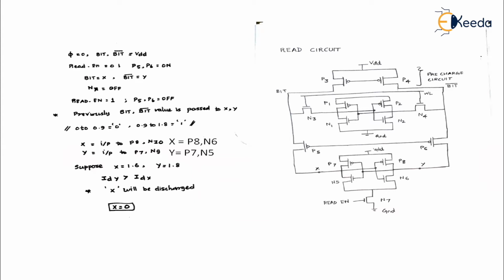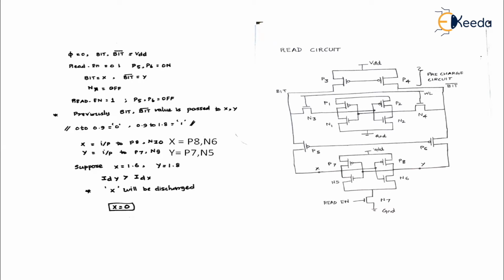Now see, if I give psi equal to 0, what is happening? P3 and P4 will be turned on. When P3 and P4 are turned on, my bit and bit bar lines will be pre-charged to VDD. Now I am enabling my read signal. When I give my read enable signal equal to 0, P5 and P6 will be turned on.